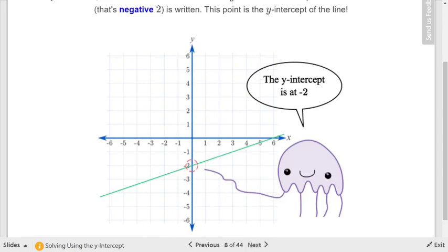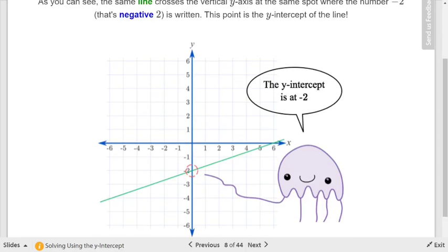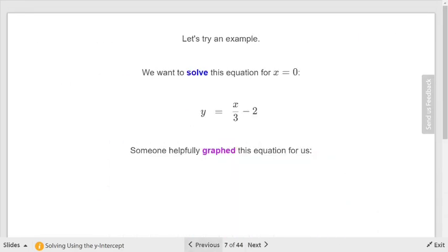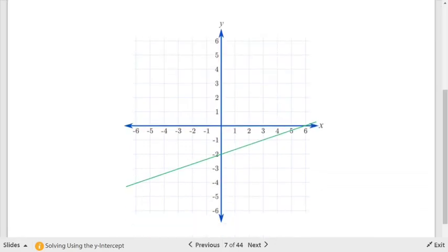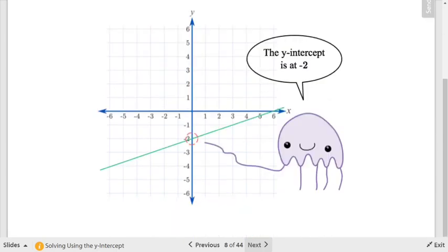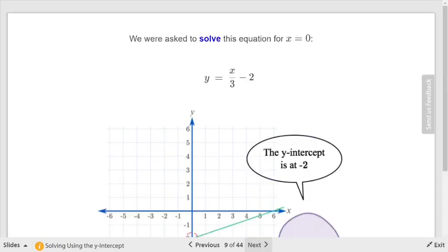Well, we also knew that from the equation, because remember that y-intercept is always going to be the number that follows the x term. Remember that from yesterday? So, 2 different ways we can get the same piece of information. Because usually they'll give us either the equation or the graph, not both. Okay? Good. All right.